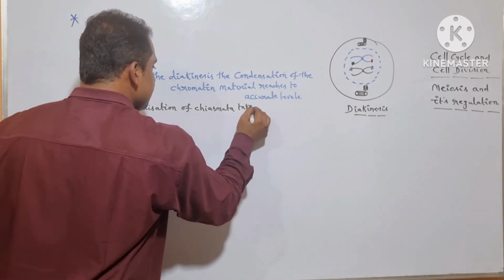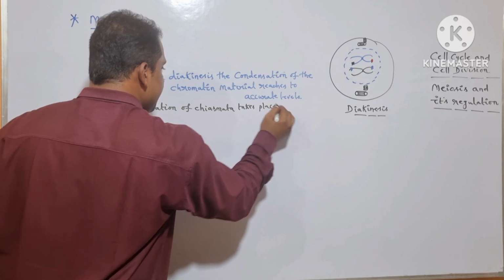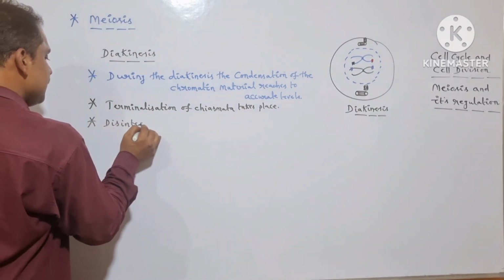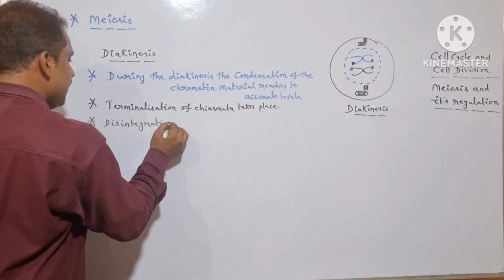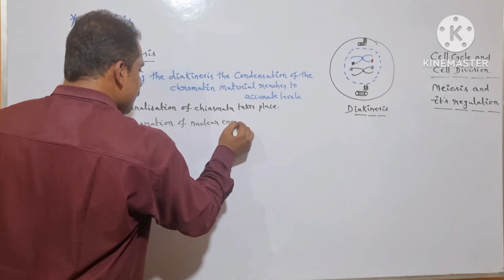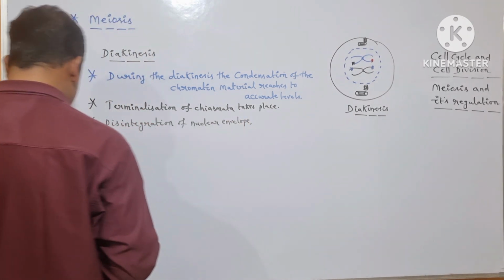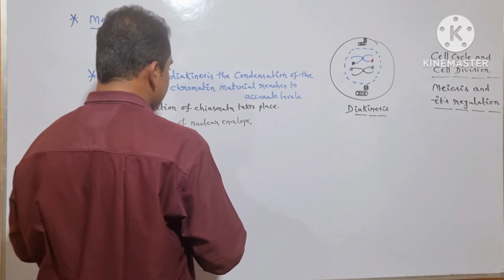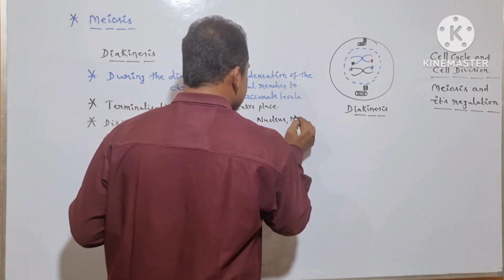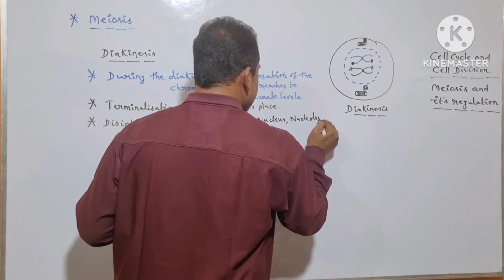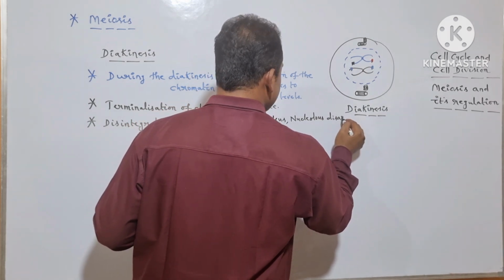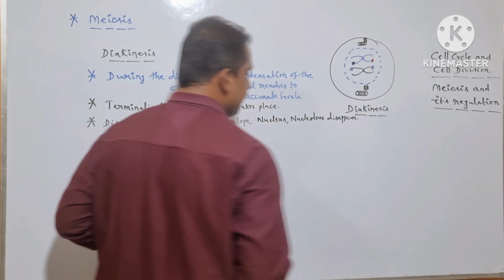In addition, disintegration of the nuclear envelope takes place, and the nuclear envelope, nucleus and nucleolus disappear. Nucleolus and nucleus, they disappear, right?